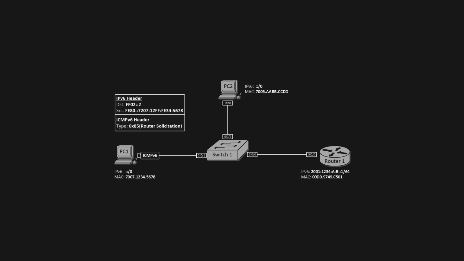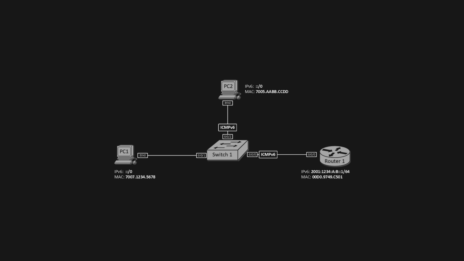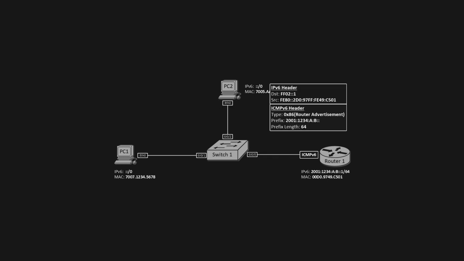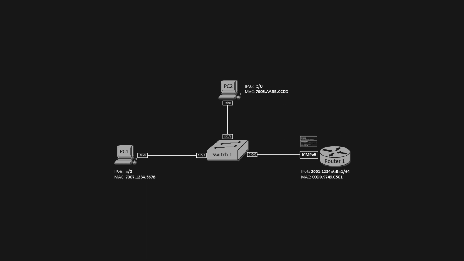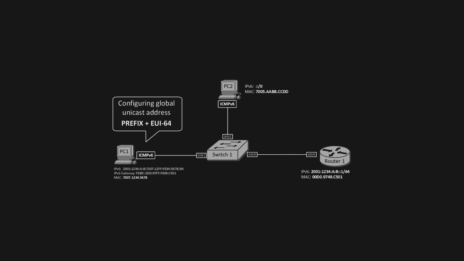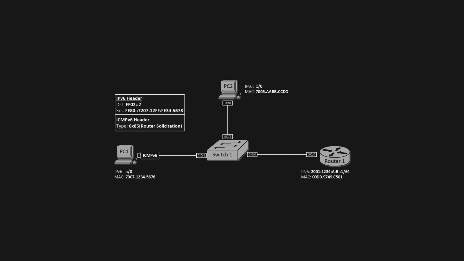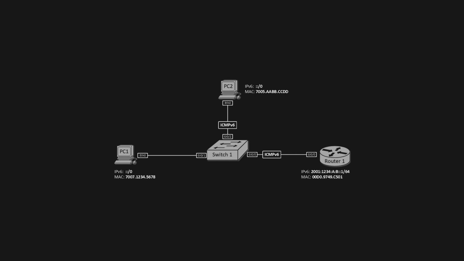This process eliminates the need for manual configuration and a DHCPv6 server. SLAAC operates by leveraging the EUI64 process and NDP. When a host and a router configured with the IPv6 unicast-routing command interact, SLAAC is initiated. The router sends NDP messages to the host, which allows the host to determine its global unicast address without manual intervention.